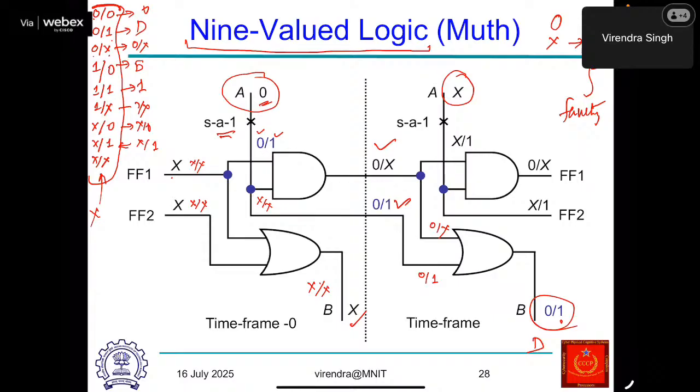So this way, if I can augment my logic from 5 valued logic, that is 0, 1, D, D bar and X, to 9 valued logic, then I will be able to generate the test for that sequential circuit by expanding the circuit in time frames, making the combinational equivalent of that particular sequential circuit.